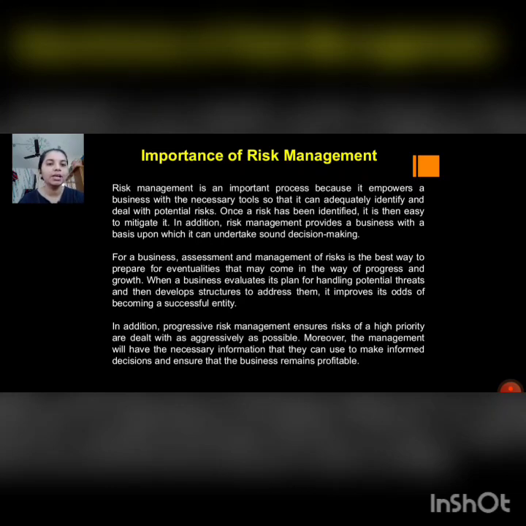In addition, progressive risk management ensures risks of a high priority are dealt with as aggressively as possible. Moreover, the management will have the necessary information that they can use to make informed decisions and ensure that the business remains profitable.